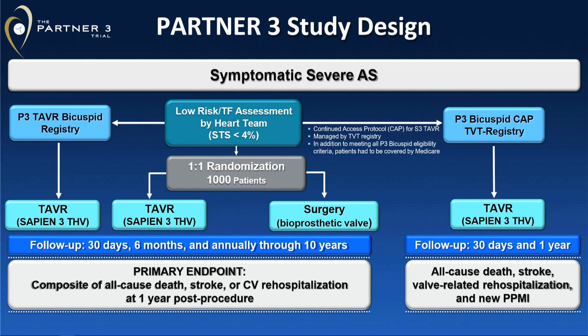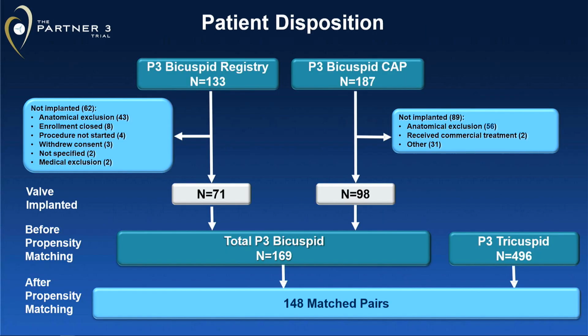These are the low-risk patients who were screened and then went to the bicuspid registry. After the enrollment was finished, we had a P3 bicuspid CAP, continuous access registry, going on. So there are two kinds of patients included in the registry.